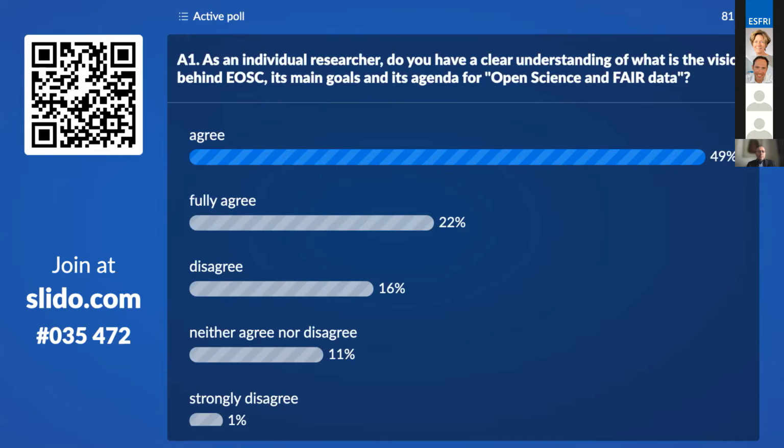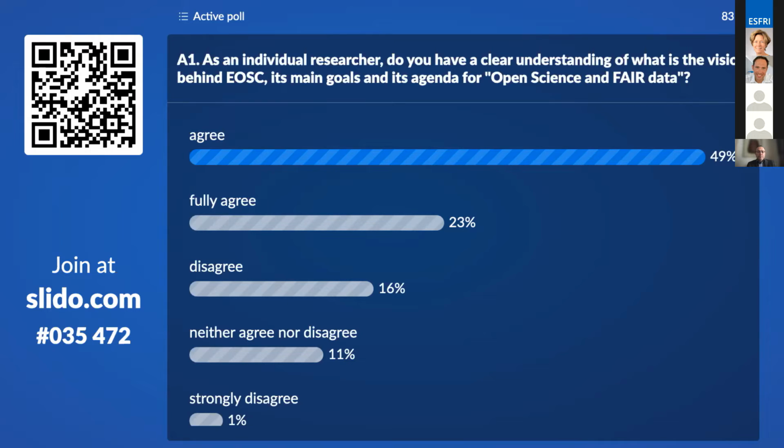We have no data from the past. I hope this has been progressing over the years, because in discussions with many people, let's say two or three years ago, it was quite unclear what EOSC is about. I think this represents quite a bit of progress.